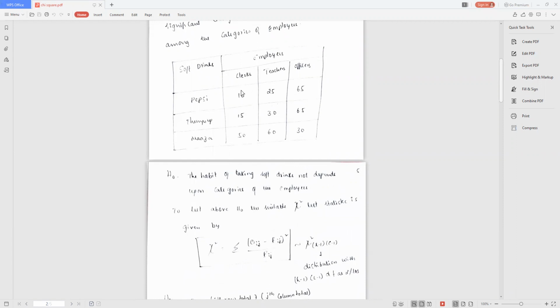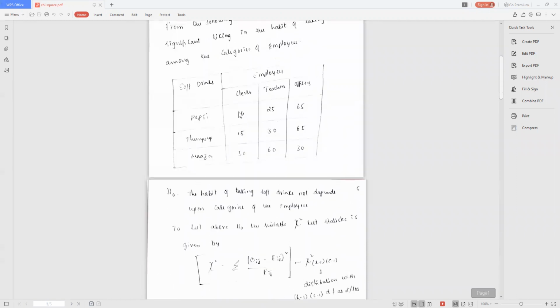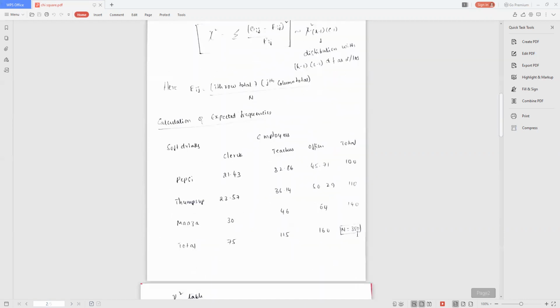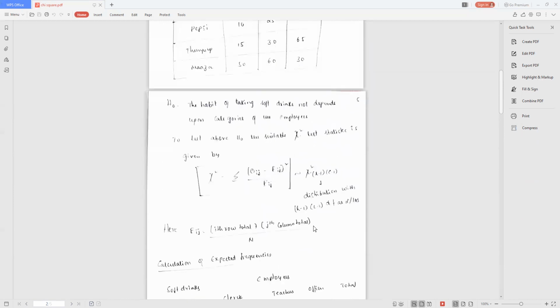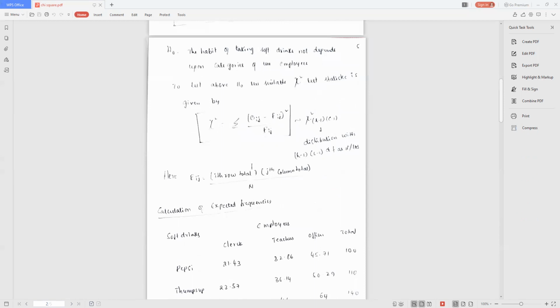To get the value 21.43, you have to add this row total and this column total, divided by the grand total. The grand total is 350. Here 10 plus 25 plus 65 gives 100, and 10 plus 15 plus 50 gives 75.